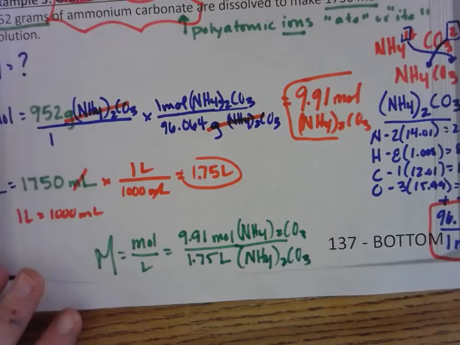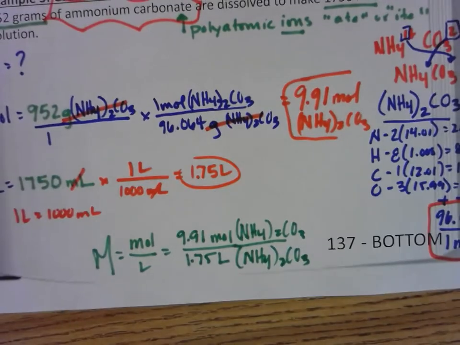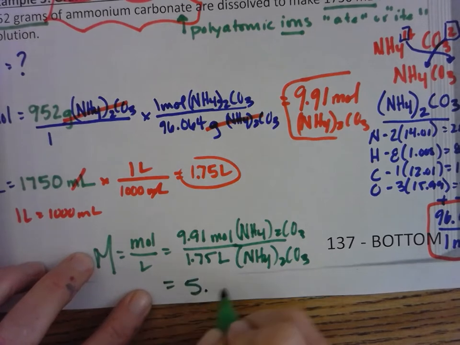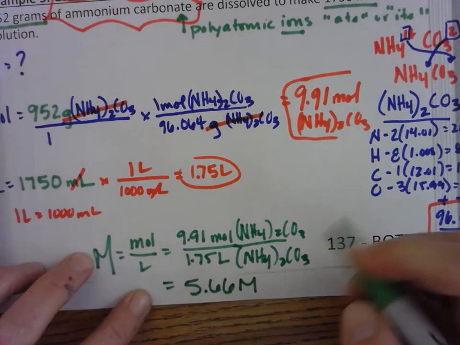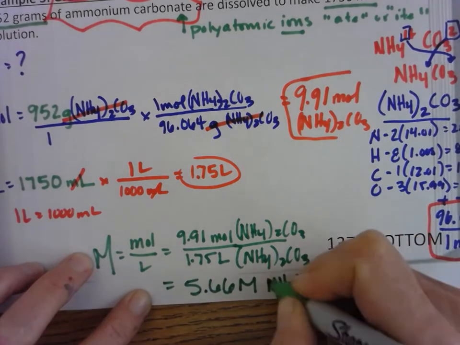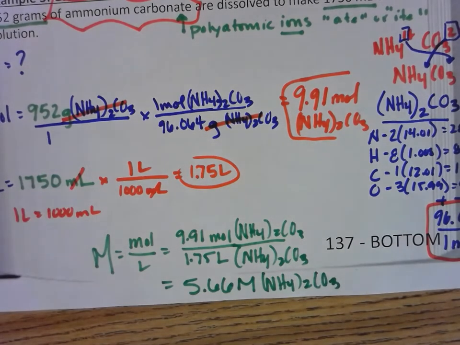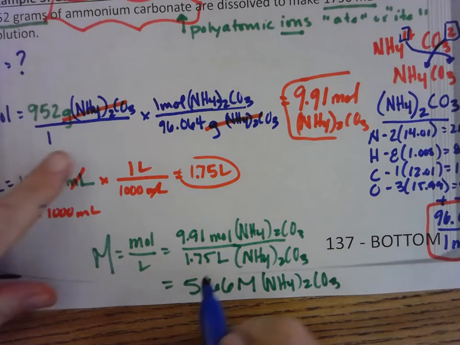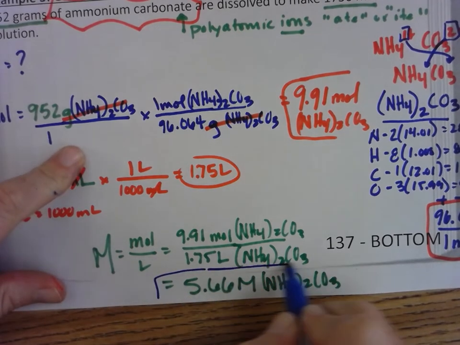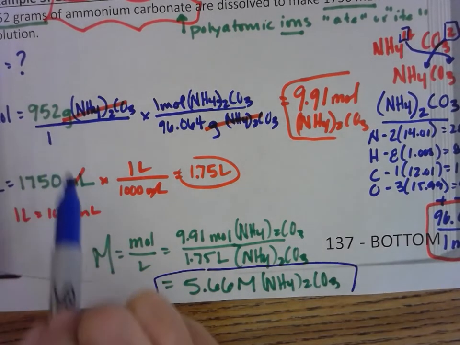I can have 3 significant figures, and I got 5.66 big M (NH4)2CO3. This is a very typical kind of problem because in the lab you usually measure things in milliliters and in grams.